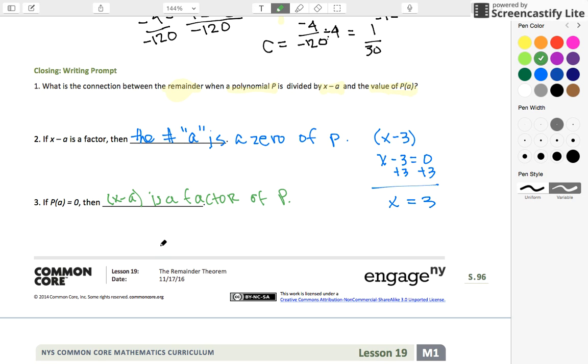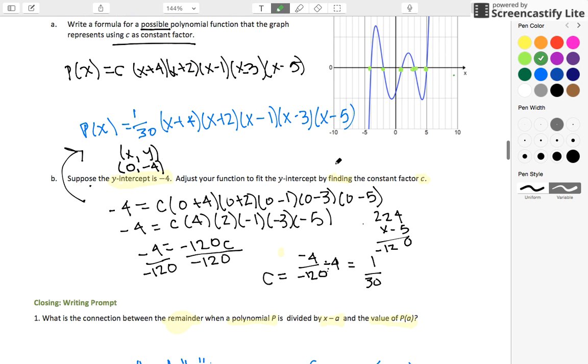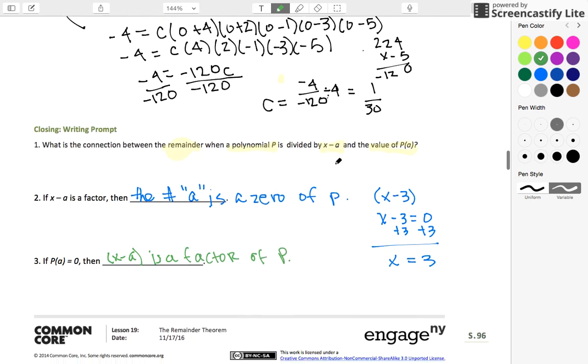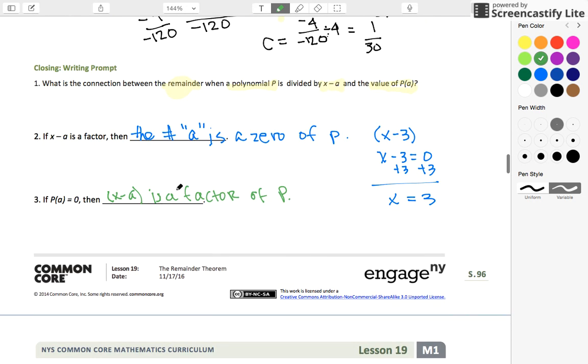All that's saying is when you substitute a value, so if I were to substitute 3 back into this function up here, and I get that to equal 0. So if I do p of 3, and I put it in my function, and I do all that math, and I get 0, then I can say x minus 3 is a factor.